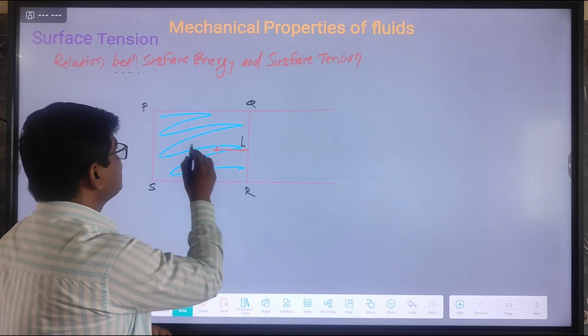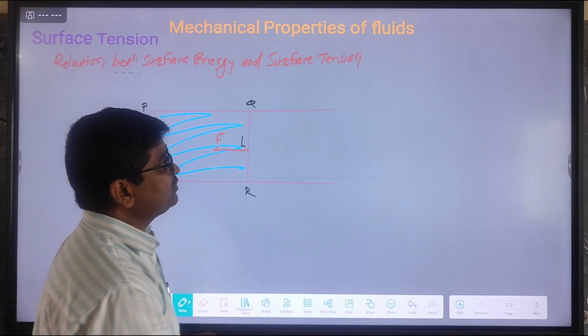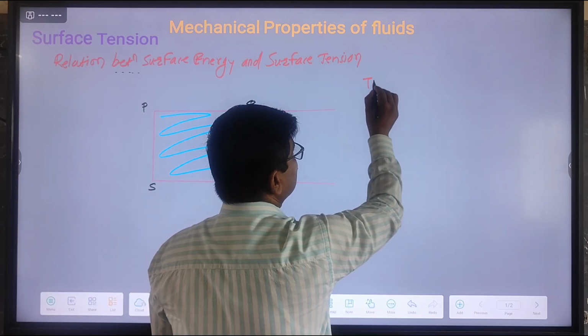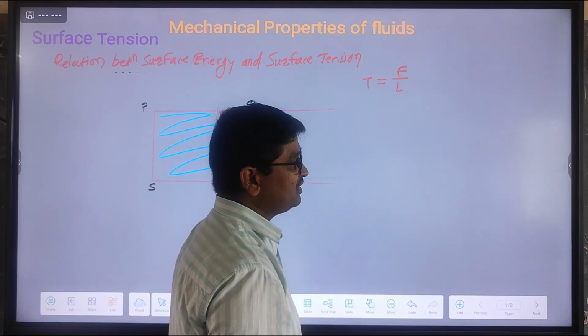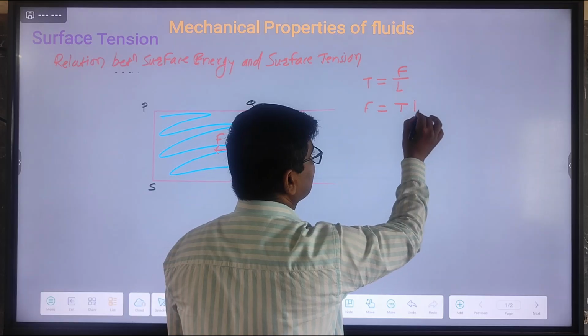And if it moves towards the wire PS due to the inward force F, then as per the definition of surface tension, T is equal to force per unit length. So the force is F equals T into L. You get it clear?